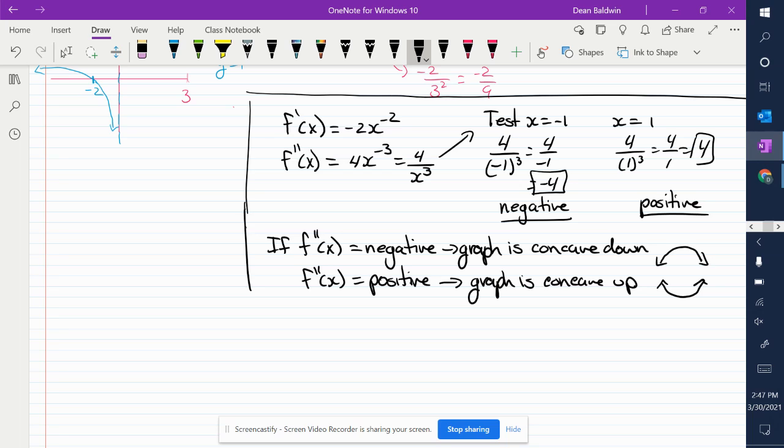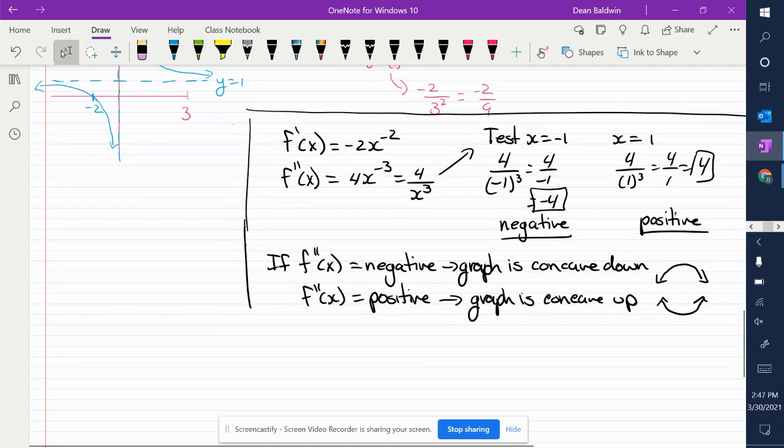All right. We're gonna do a practice one here in a sec. When f double prime of x equals 0, this is called a possible point of inflection.